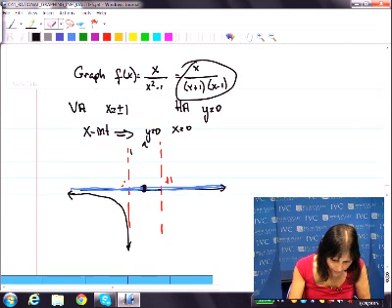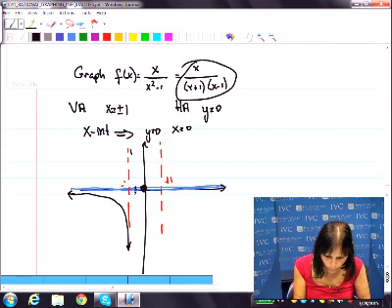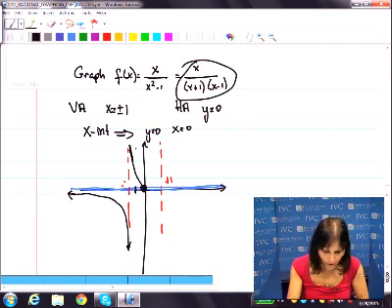You can test some things and look at what's happening. Right here, just put something in there. When you put a number like negative 0.5 in here, you're going to get a positive number. So it's going to have to come from here, since it cannot cross the vertical asymptote.